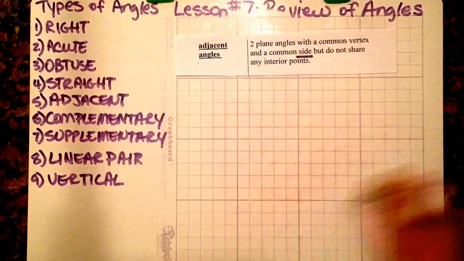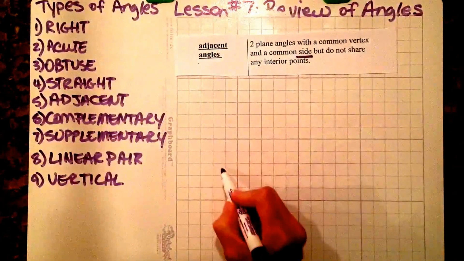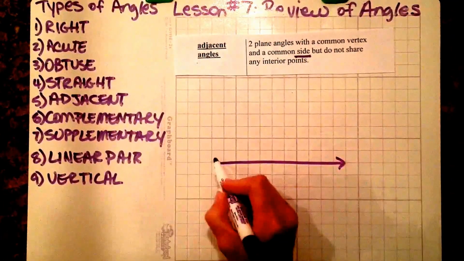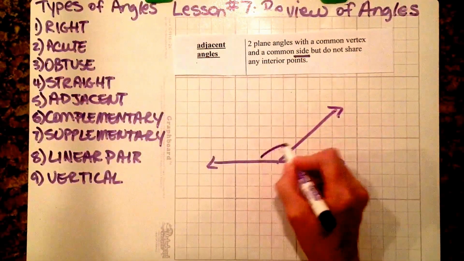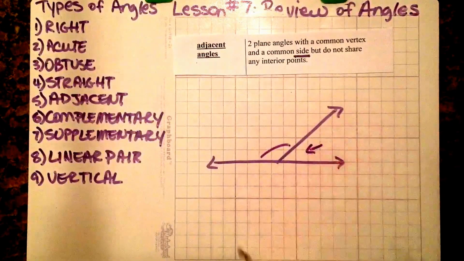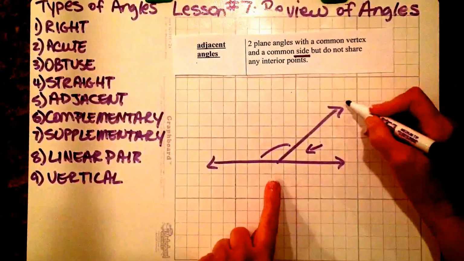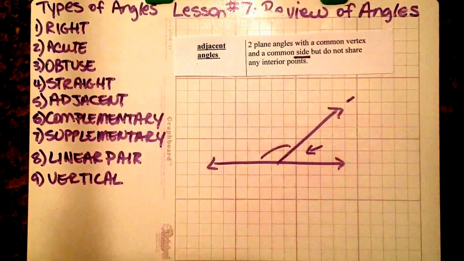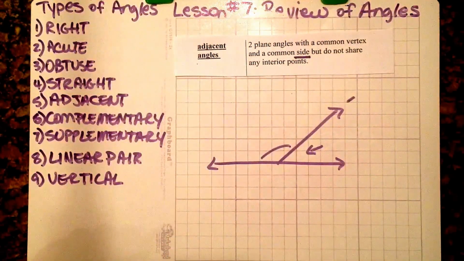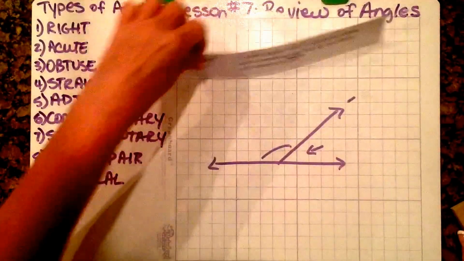Also, adjacent angles can be in a line with each other, like this. This angle right here and this angle right here are adjacent to each other because they share this common side right here, but they're not necessarily the exact same measure. Sometimes they are, and sometimes they're not.